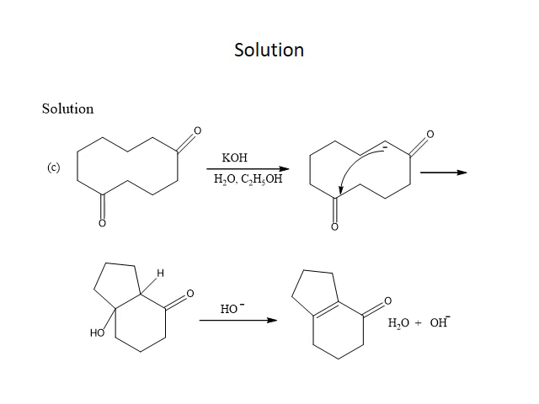Which will dehydrate to form the alpha beta unsaturated ketone, or it can remain as an alcohol, or can exist as alcohol if the temperature is somewhat high.